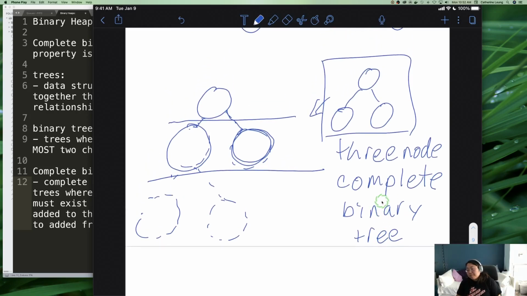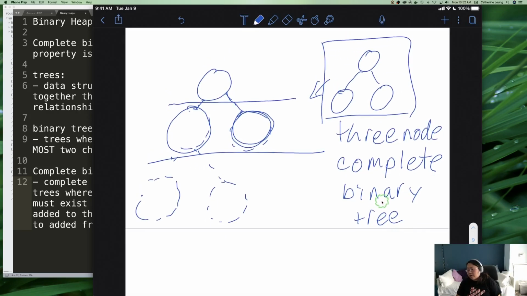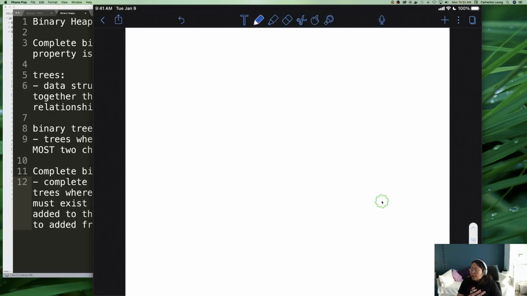Now, if we keep looking at it like this, our complete binary trees have a fairly strict definition. You can actually tell me the shape of a complete binary tree if I tell you how many nodes there are.